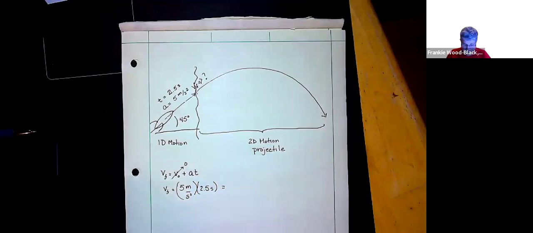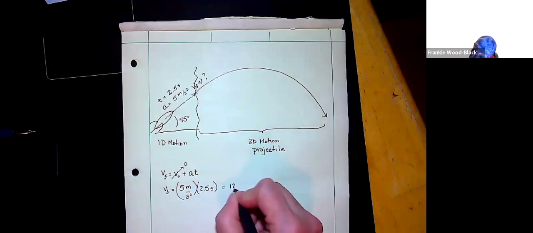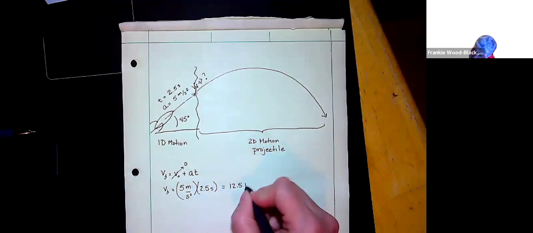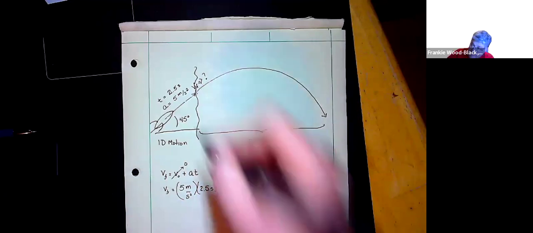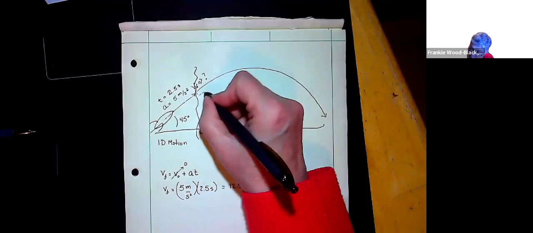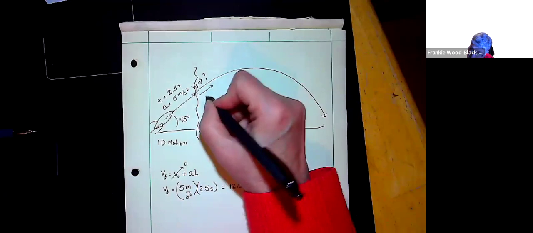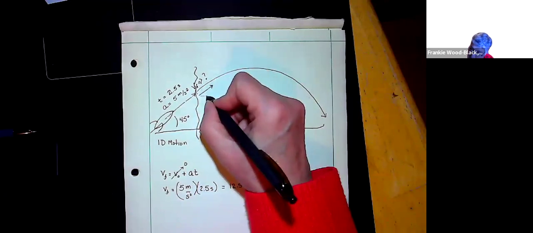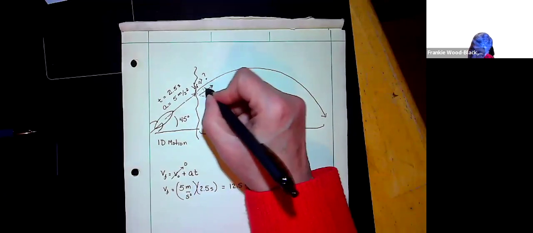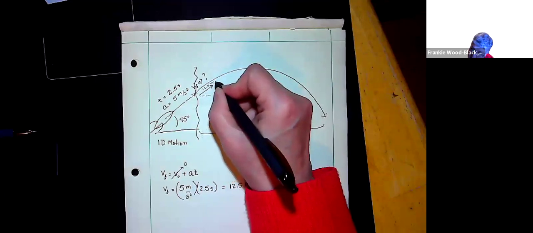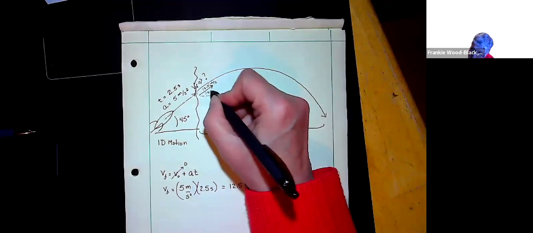So if I do 5 times 2.5, this is actually going to be 12.5 meters per second. And that's going to be our initial velocity at this part. I'm going to have 12.5 meters per second at a 45-degree angle.